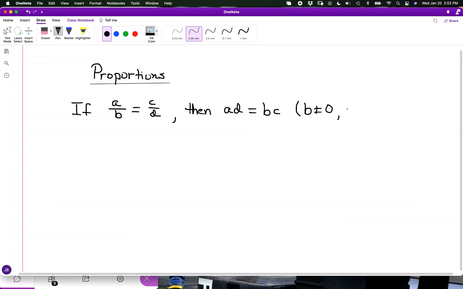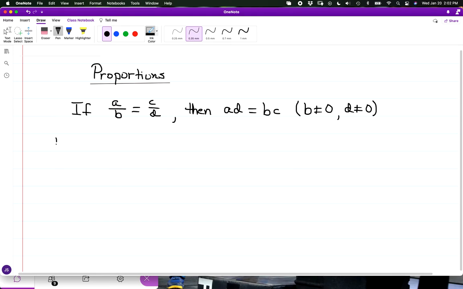So if A over B is equal to C over D, then we have the proportional cross products A times D equal to B times C, with the stipulations that neither B nor D be zero.